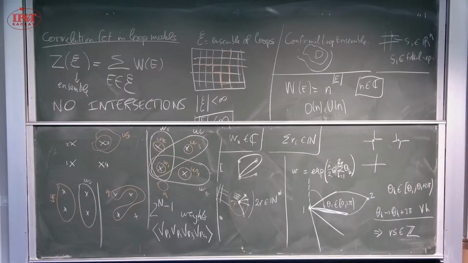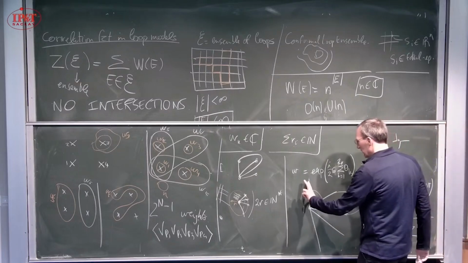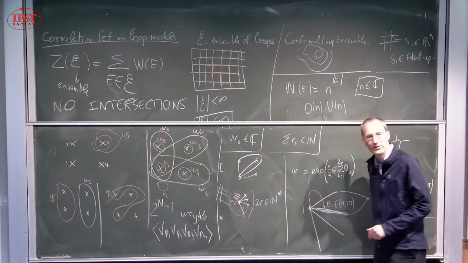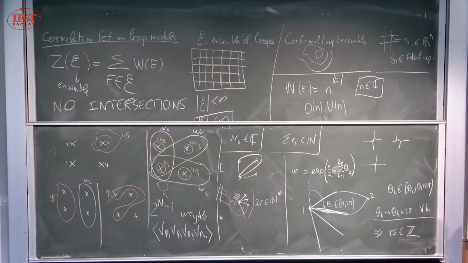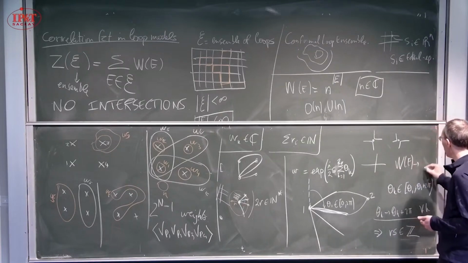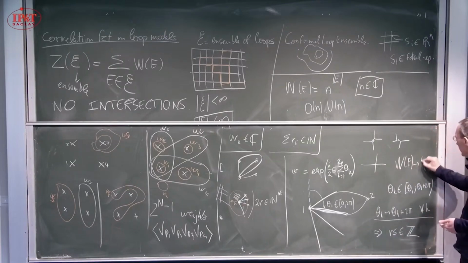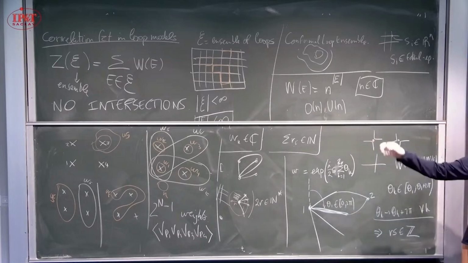Maybe it's clear, but I don't see it. How dependent is this weight on the choices you made of references? Right. So if you now define slightly differently your reference direction, each angle will change, but the point is that your W of E is multiplied by some phase factor, but the phase factor is the same for any configuration E. Right, so you factor it out of your big sum there, and it's not important.